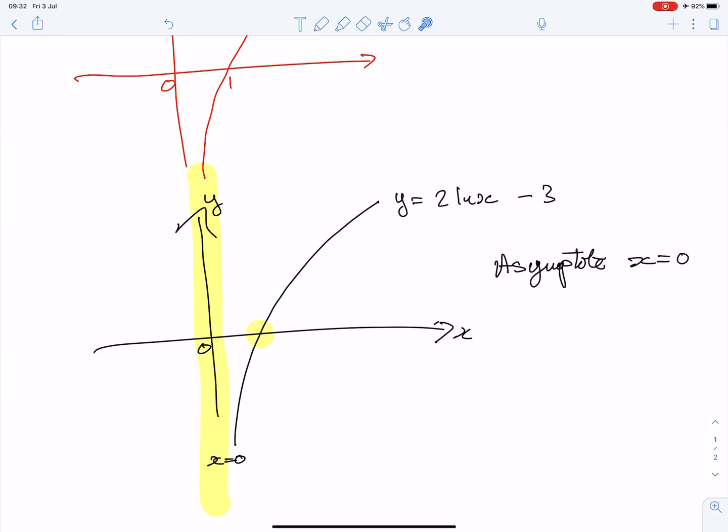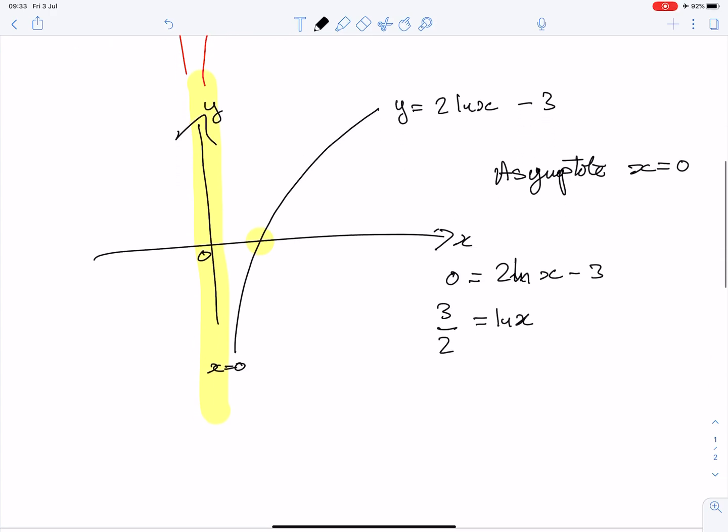Now this point, the point of intersection with the x-axis, we've been asked to find. So that's when y equals 0. So 0 equals 2 ln of x minus 3. Add the 3, divide by the 2, so that's ln of x equals 3 over 2.